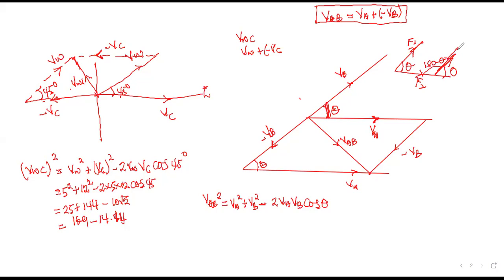So this will be the direction of the resultant. F resultant squared, if you are using the angle opposite to the resultant, is F1 squared plus F2 squared minus 2F1F2 cos of 180 minus theta. If you are using the angle between the forces, it's plus.